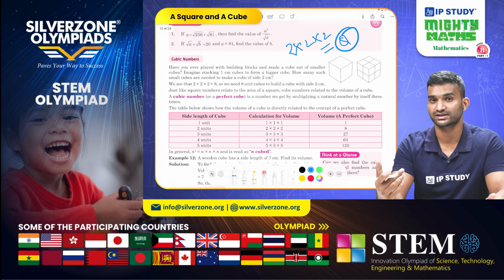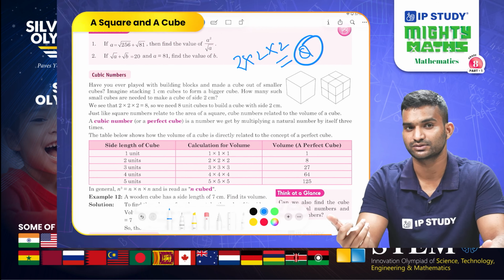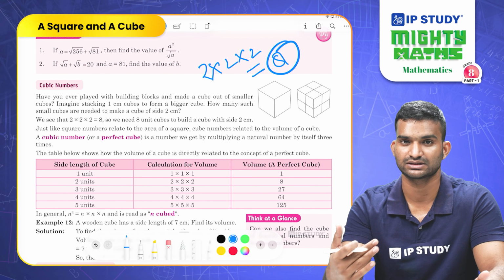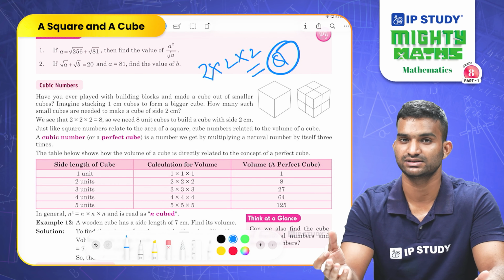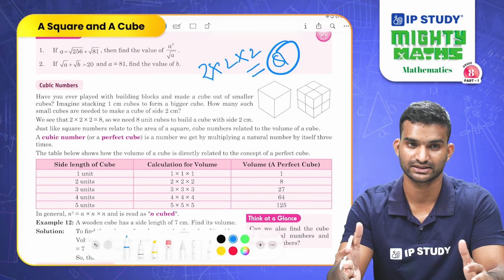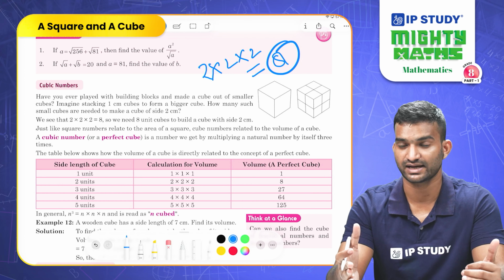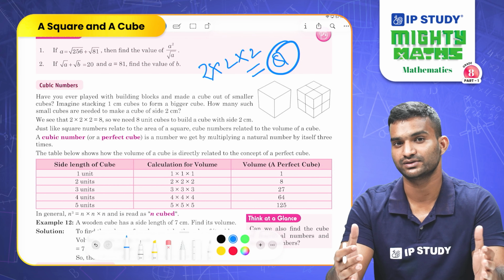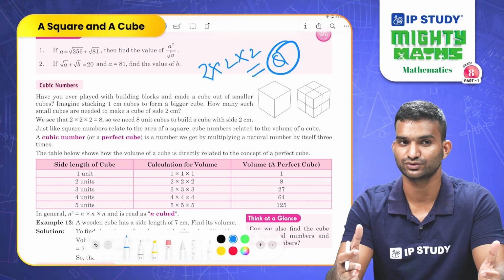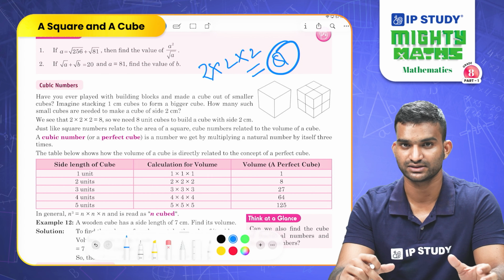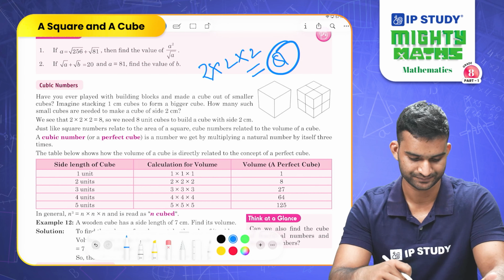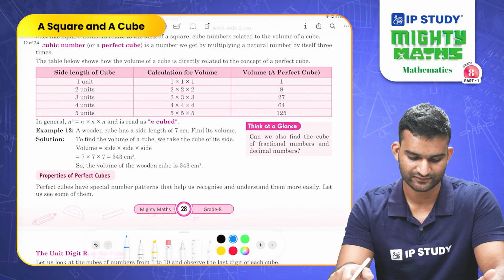So whenever we multiply a number by itself 3 times, we get a cubic number. And why is this related to the volume of a cube? Because the volume of a cube is nothing but the side cube. In the same way, like we were taking area of a square as side square, we are taking volume of a cube as side cube. This is why these two are closely related. Now let's have a look.